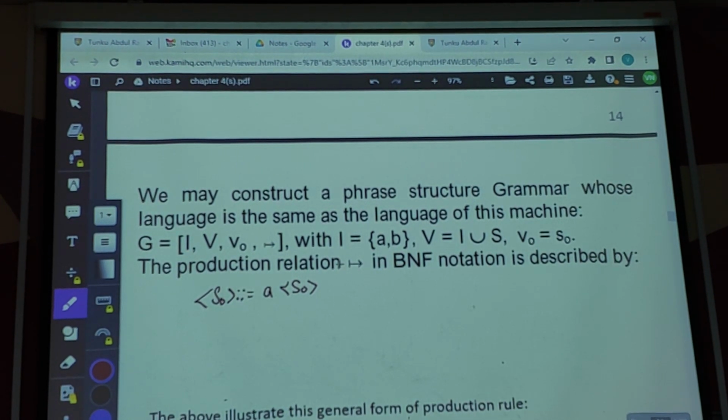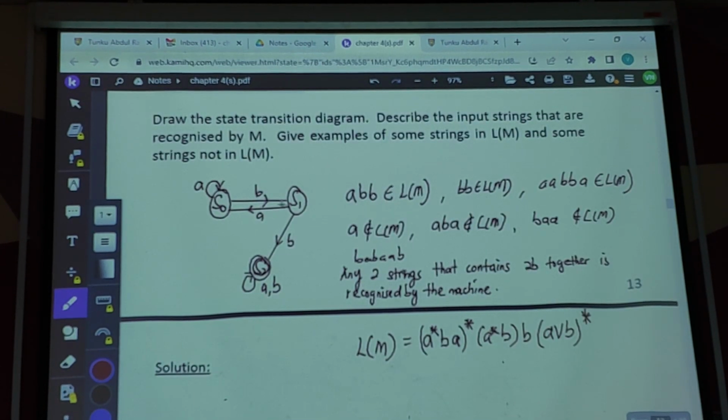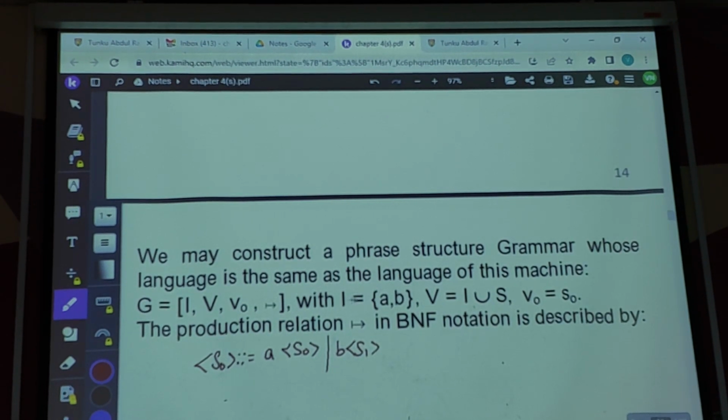And then at S0 itself, we can also go to B, S1. Correct? The input B goes to S1. So there is an alternative here: you can go to B S1. What happens at S1?